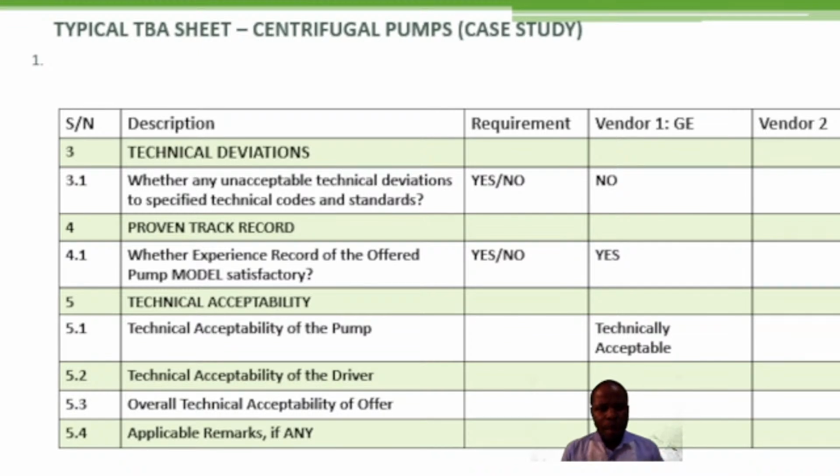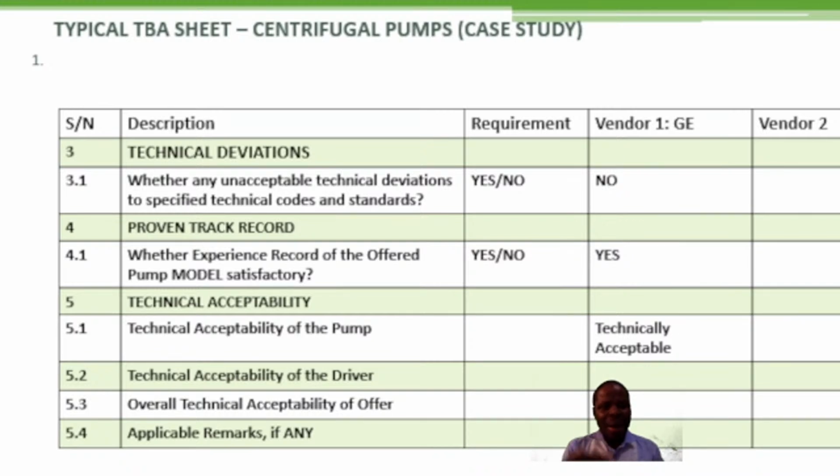If it is no, you will also indicate for a particular vendor, because these are the parameters that you will need to sit down with after a thorough analysis of, say, 5 or 10 vendors. So which of these vendors best meet the requirements as stated in the material requisition before you finally choose 1 or 2 or 3.